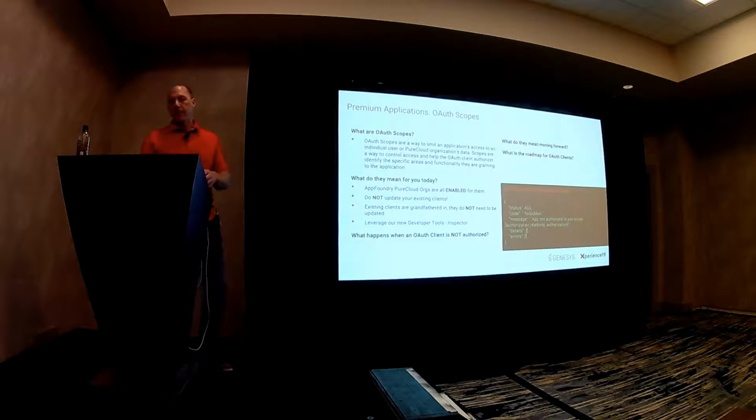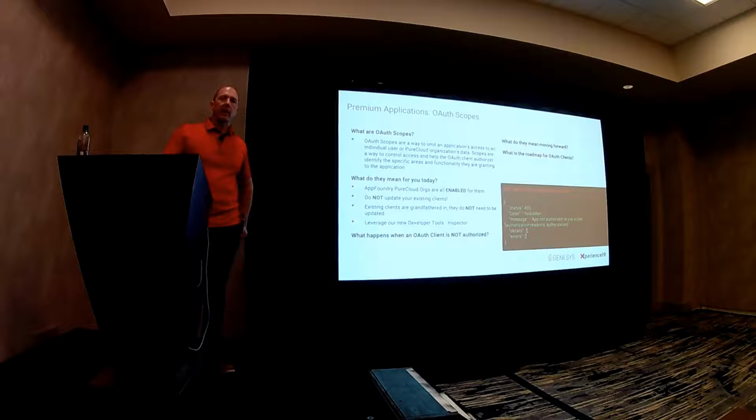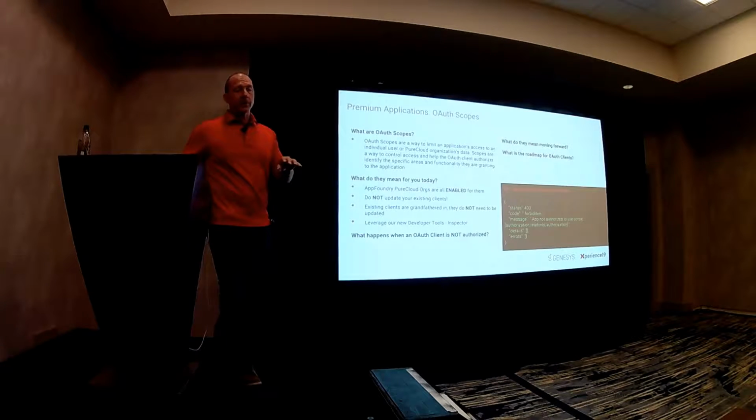In terms of roadmap, I don't have a release timeline, but I'm hoping to get it out this year. We are intending to deliver something called a global client. So today you need a client per region, and depending on the type, those are available throughout the entire PureCloud organization, the entire PureCloud region.